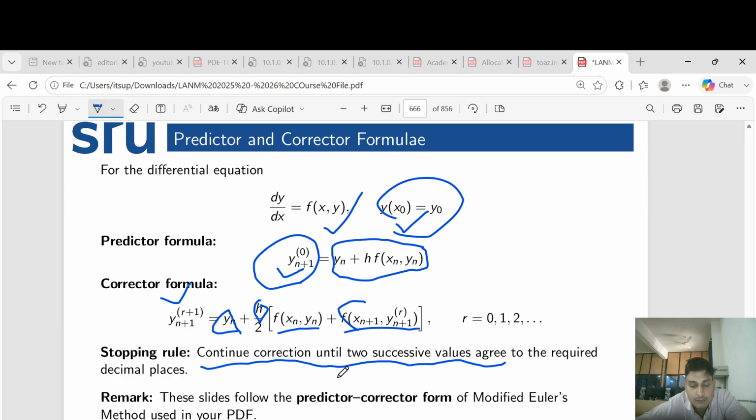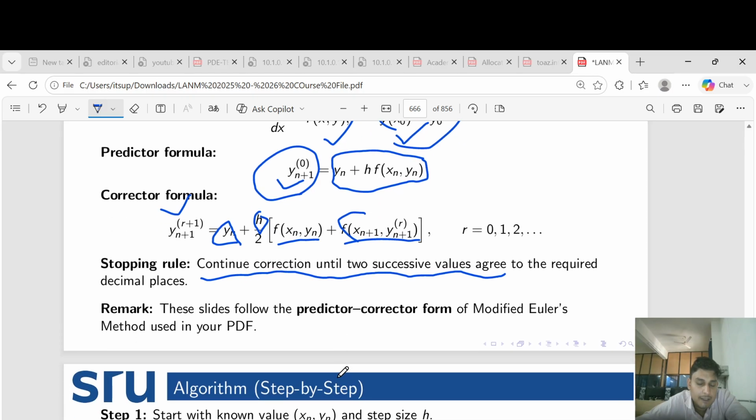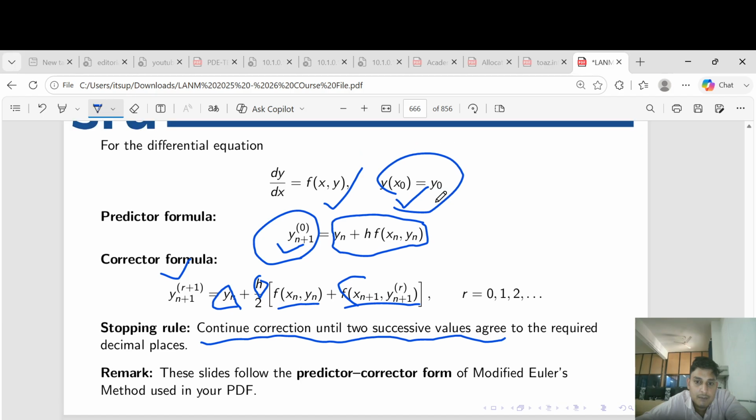If two iterative values have the same values after two decimal places, then you say that this value is correct. So this is the main idea of Euler's modified method. First, we define dy/dx = f(x, y), y(x0) = y0.